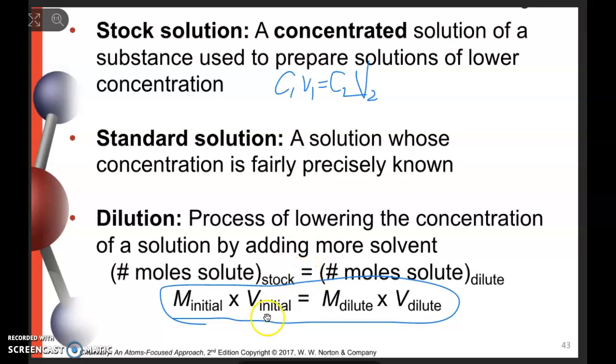The other thing is that our volumes here just have to have the same unit. So they can be liters, they can be milliliters, they can be whatever, but they have to be the same. I don't have to use liters. I can use whatever I have. More often than not, we measure the solutions in terms of how many milliliters of solution we have.